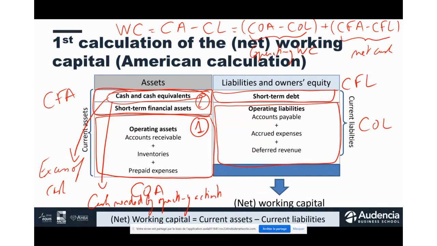So in the US books, you can see a distinction, two kinds of cash, the excess and what you need because of the operating activity. And the cash needed by operating activity is related to this one. We put this one with the operating working capital.